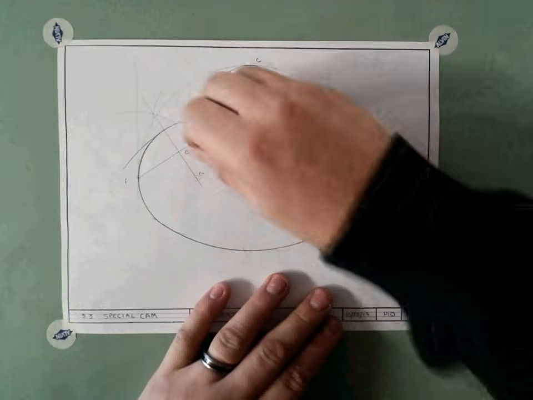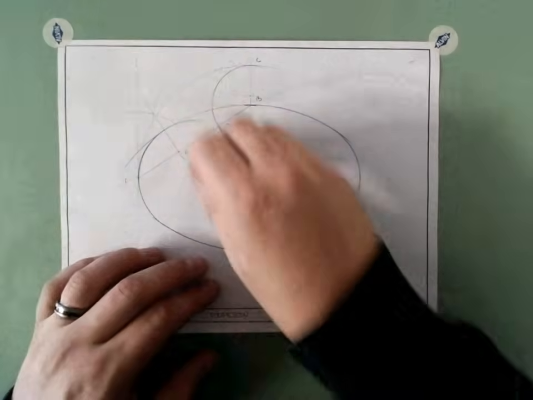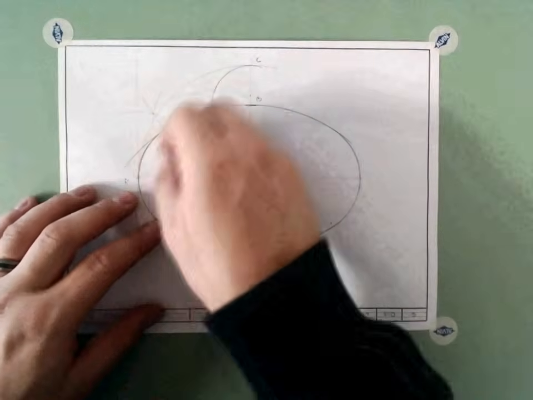Now remember, I don't need this point, yeah? Only point I really need is point G, but in reality I've stabbed point G, so I'm going to go ahead and erase it too.